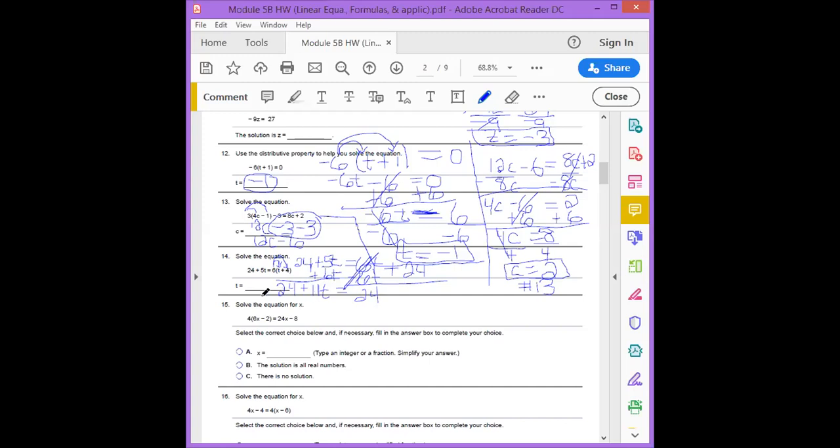Now start solving. We're going to subtract 24. It's a positive 24 out there. We're going to subtract 24 from both sides. And that will cancel 24 both times. Look, 24 minus 24 is 0 on the right side, and 24 minus 24 is 0 on the left. So we have 11t equals 0.